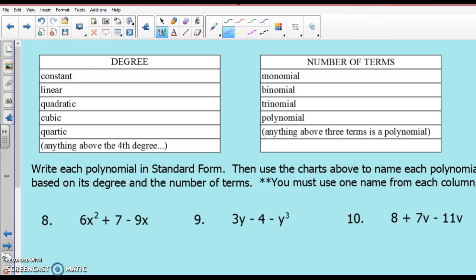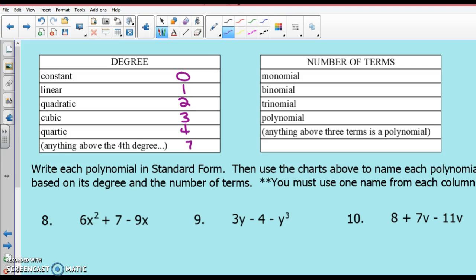Now, degrees. If you've got a degree of 0, it is said to be a constant. Why is it a constant? Because a degree of 0 has no variable. It would just be a number, a constant. Linear would be to the first degree. Okay. Quadratic, second degree. Cubic is third, quartic is fourth, and anything above the fourth degree is just, like if I say 7, it would be 7th degree. 8 would be 8th degree.